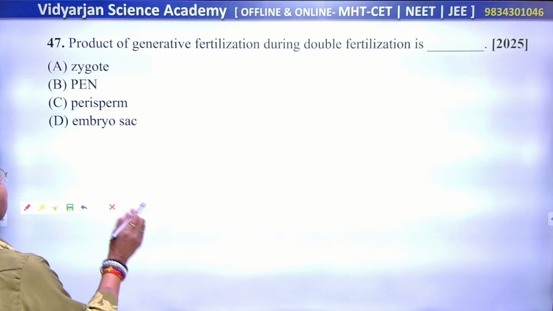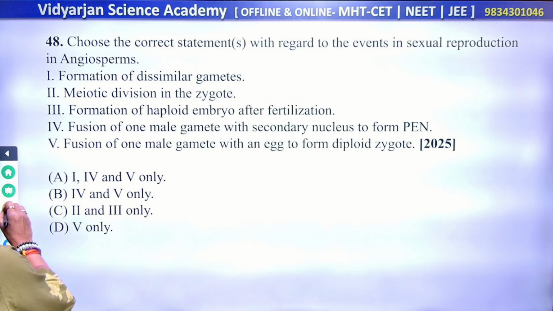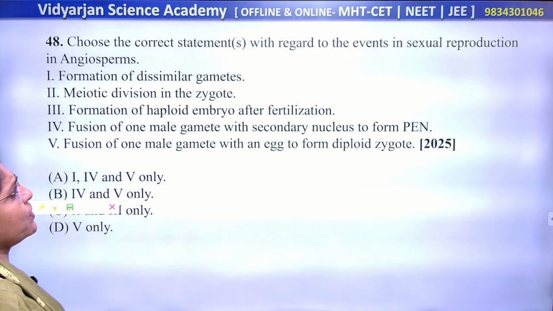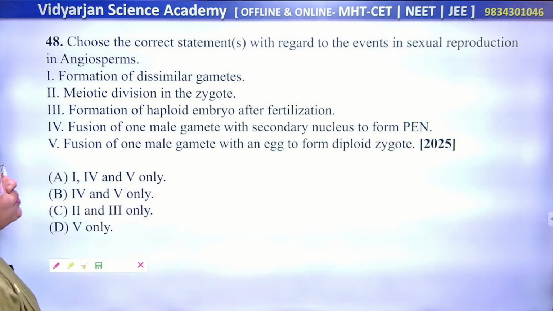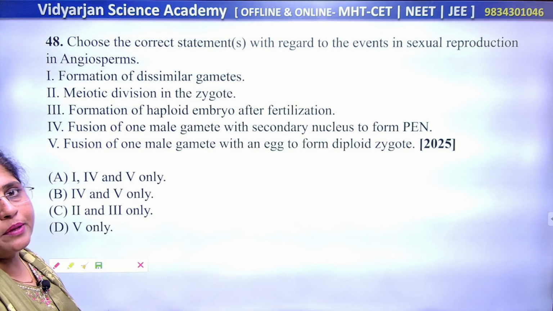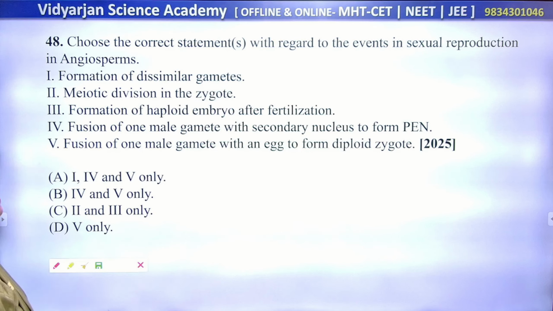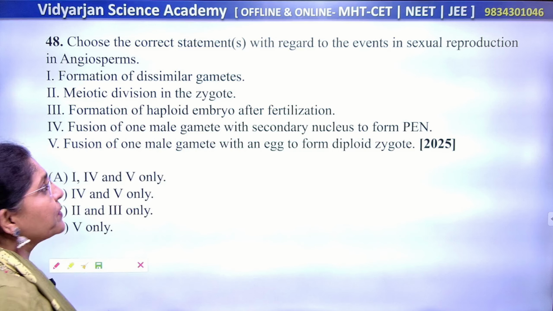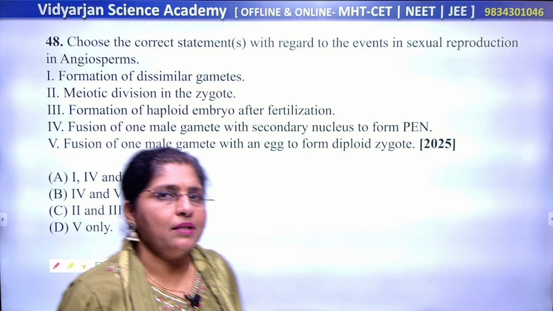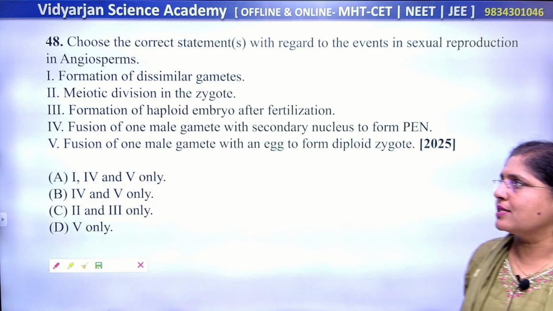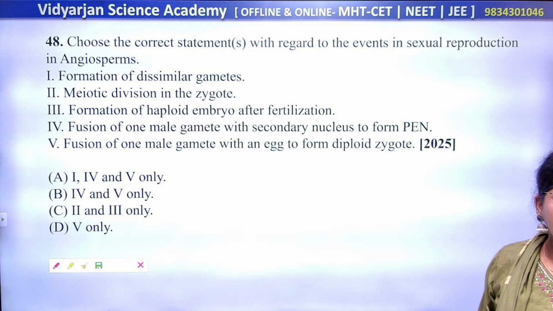Nothing is difficult here. Next: choose the correct statement with regard to the events in sexual reproduction in angiosperms. So read the statements very perfectly, and you are supposed to pick the correct ones. Statement number 1 is formation of dissimilar gametes.